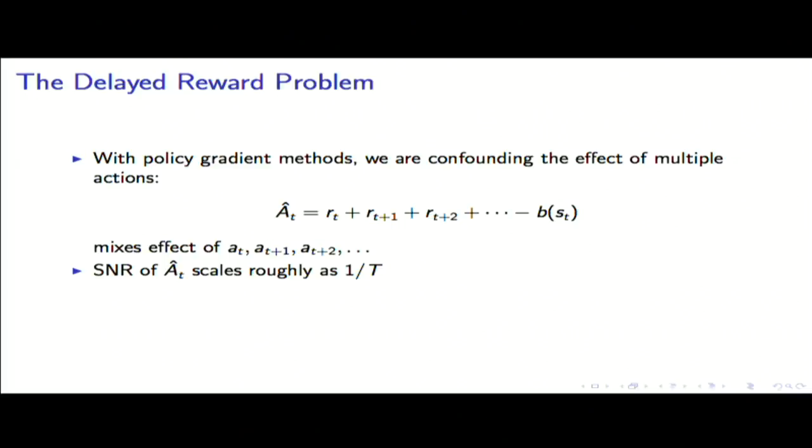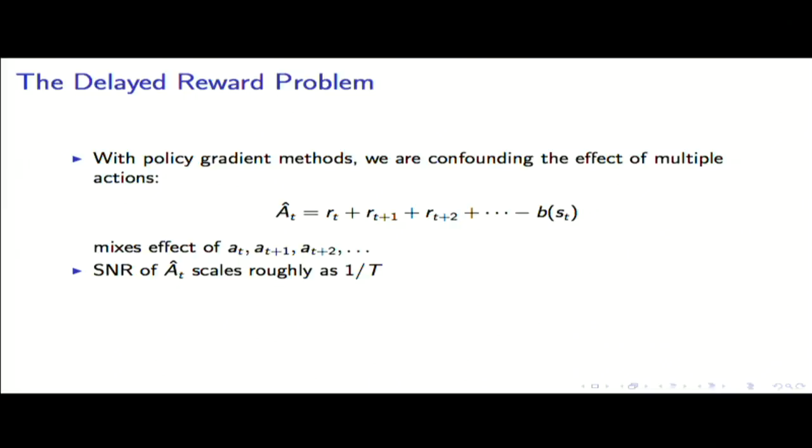This is a very rough statement, but roughly the signal to noise ratio of this advantage estimator scales as 1 over t, where t is the time horizon. So t is the number of actions that happen in the future. The reason for that is we have this sum that depends on t different things.